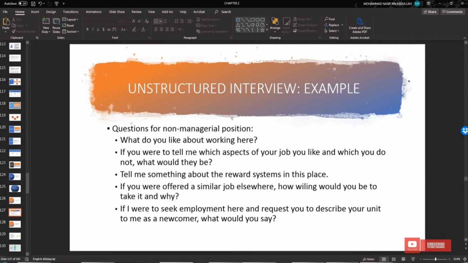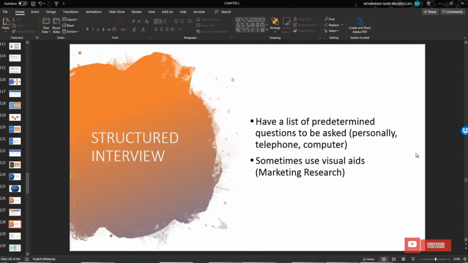Tell me which aspects of your job you like and which you do not. What would they be? Tell me something about the reward system in this place. If you were offered a similar job elsewhere, how willing would you be to take it and why? These are some of the examples.